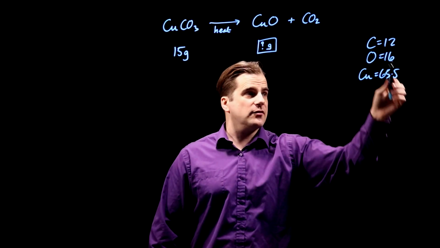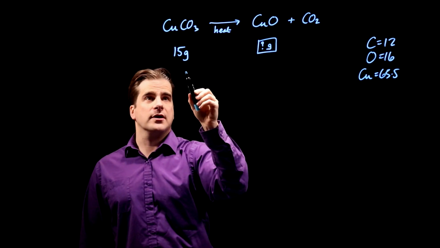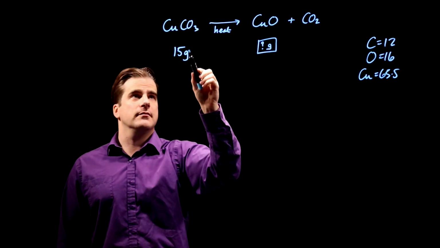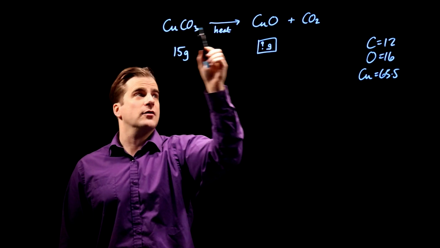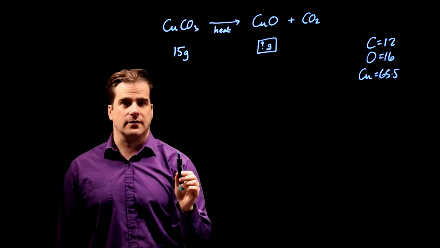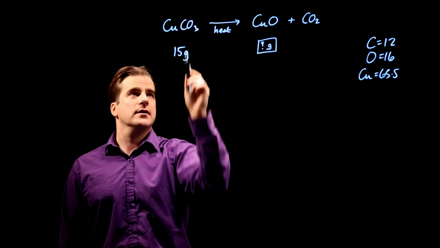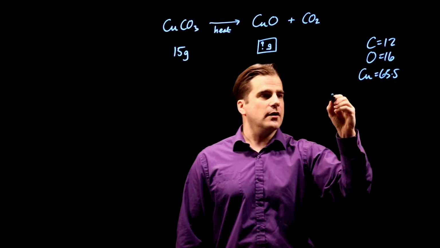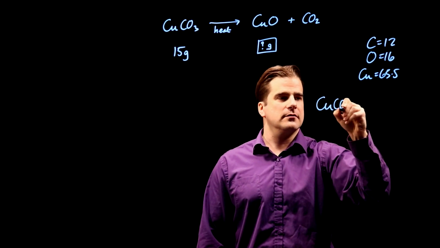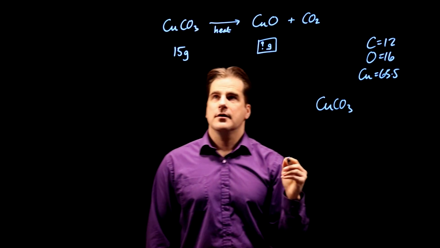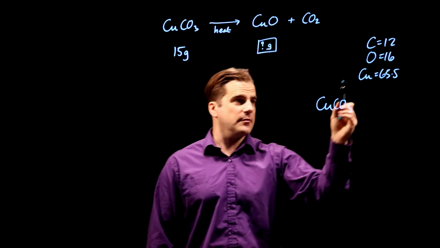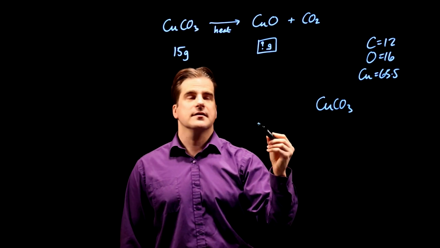Now, from the relative atomic masses, we can write the relative, or the molecular masses of these. So that's the next thing to do. So we've got copper carbonate. So for copper carbonate, the relative molecular mass is the sum of the relative atomic masses.